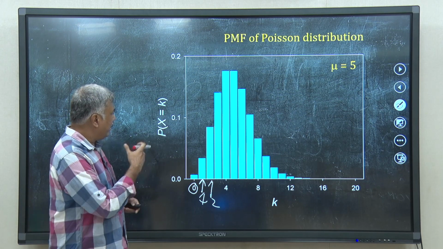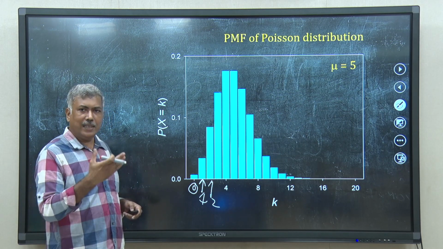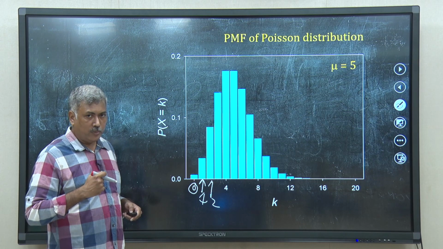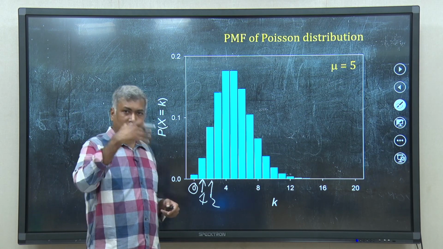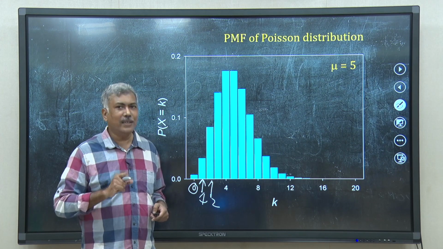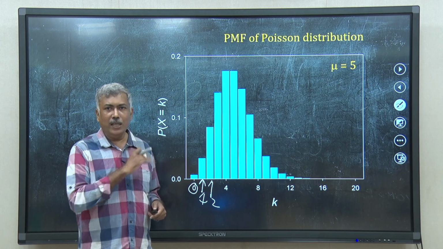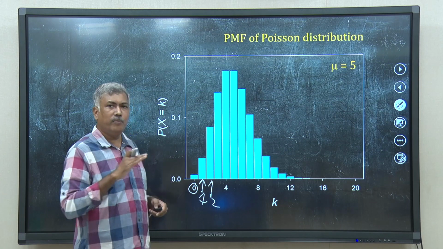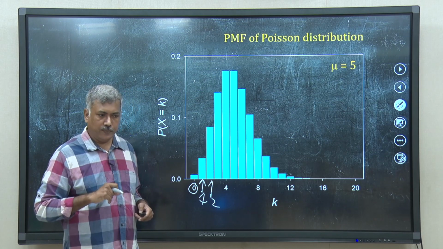You can see that this histogram looks just like that of binomial distribution. Again, this is a bell shaped curve, but remember this is not normal distribution. This is Poisson distribution, and the diagram is for the PMF of Poisson distribution.